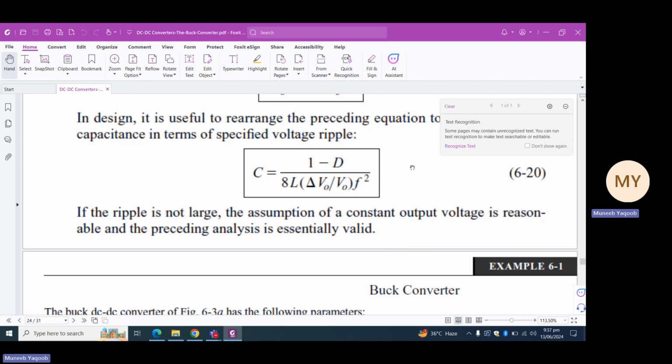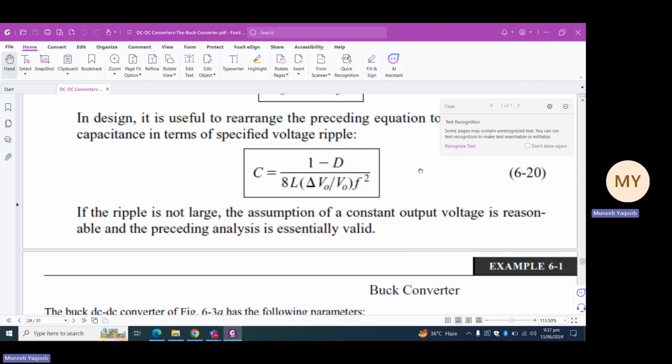And finally, if we find an expression for the output voltage of the buck converter, it is V out equal to Vs times the duty cycle, where the duty cycle is basically the fraction of a unit time period for which the switch was closed.